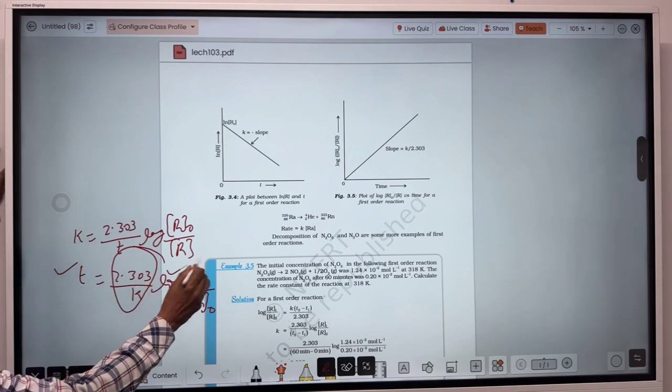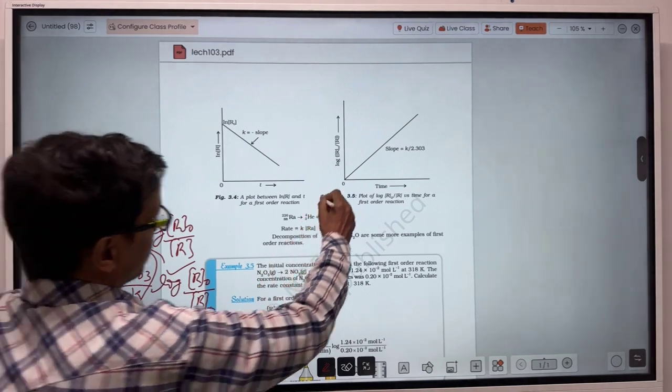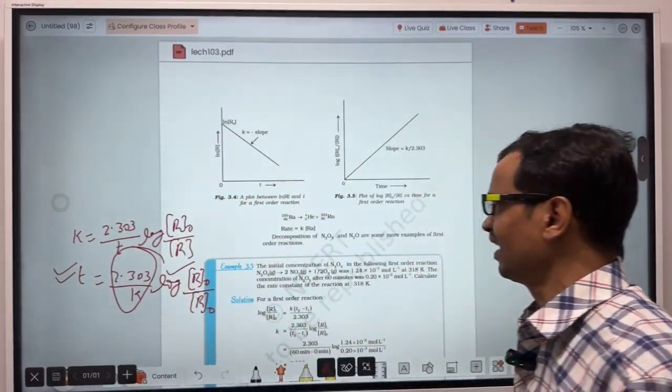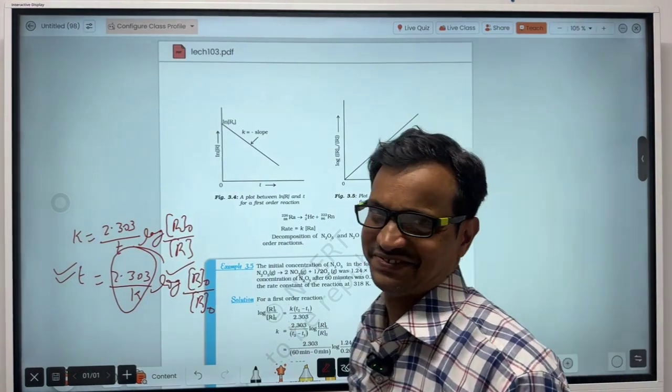So t versus log R naught by R will be an increasing graph. If t increases, log R naught by R will also increase. So that's why the graph of log R naught by R versus time will be an increasing graph.